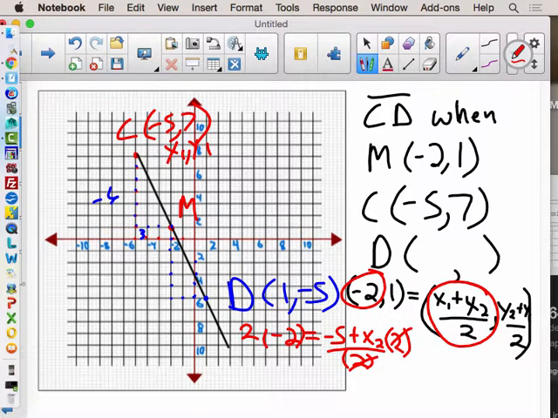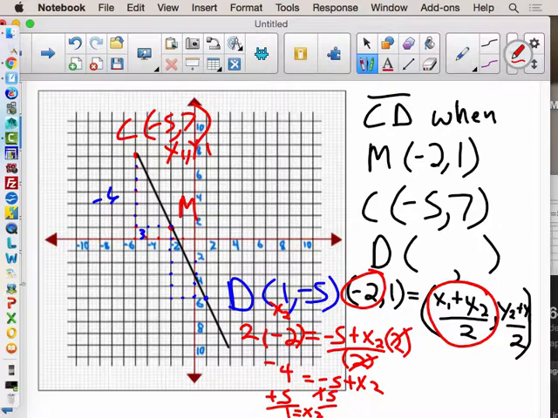These cancel. And I get -4 is equal to -5 plus x sub 2. Add 5 to both sides. And guess what I get? 1 is equal to x sub 2. Well, that's right. This is x sub 2.